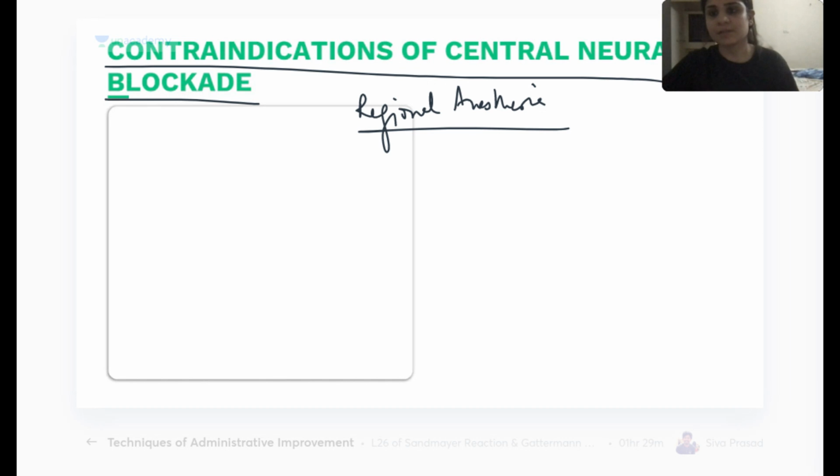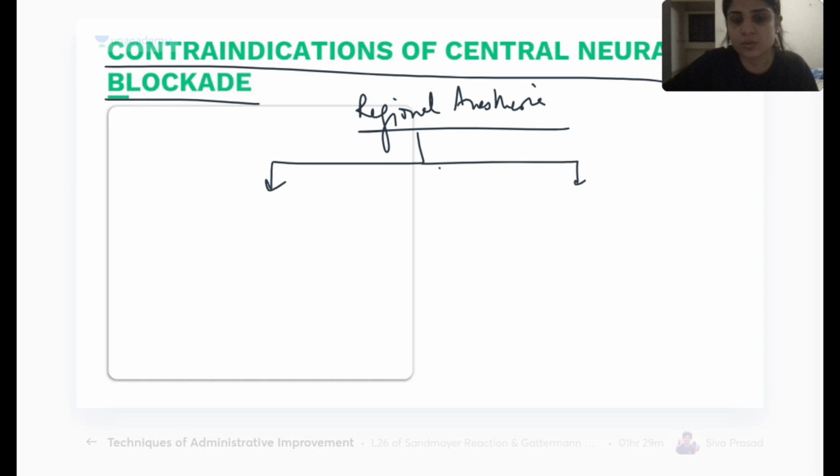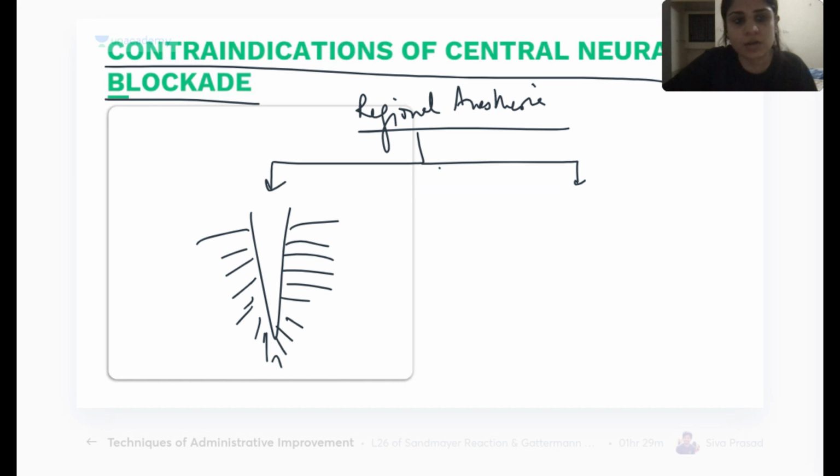What is regional anesthesia? Your patient is awake but the part of the body where the surgery is going to be carried out is numb. Regional anesthesia basically has two things. One, if you block the nerves coming out of the spinal cord, this is called central neuraxial blockade.